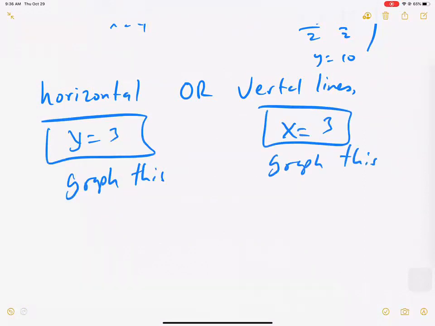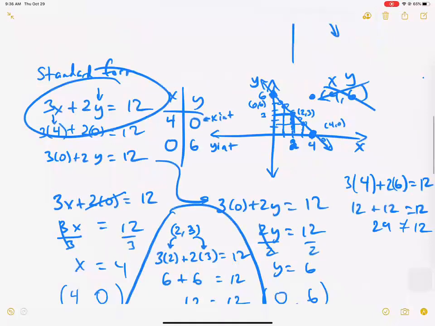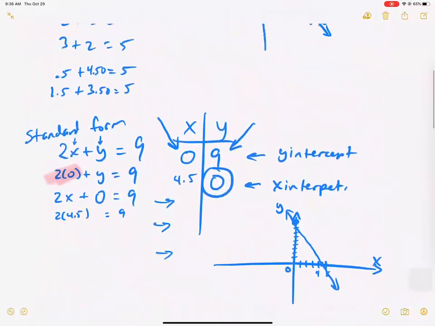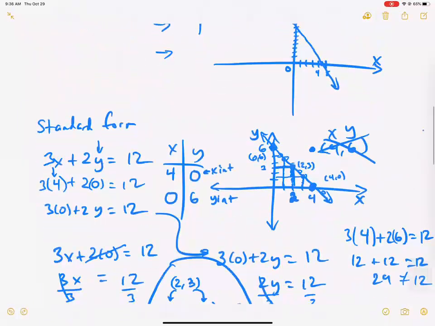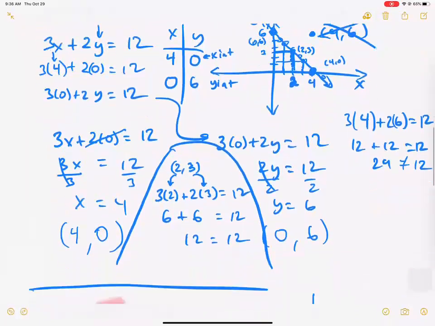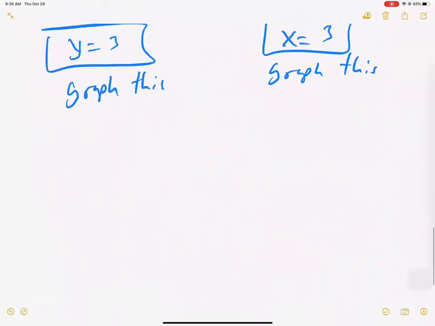But we just saw that lines always have an x and a y, right? Didn't all our examples up here have x and y? Yeah. But we have special lines here. Vertical and horizontal lines only have one voice.